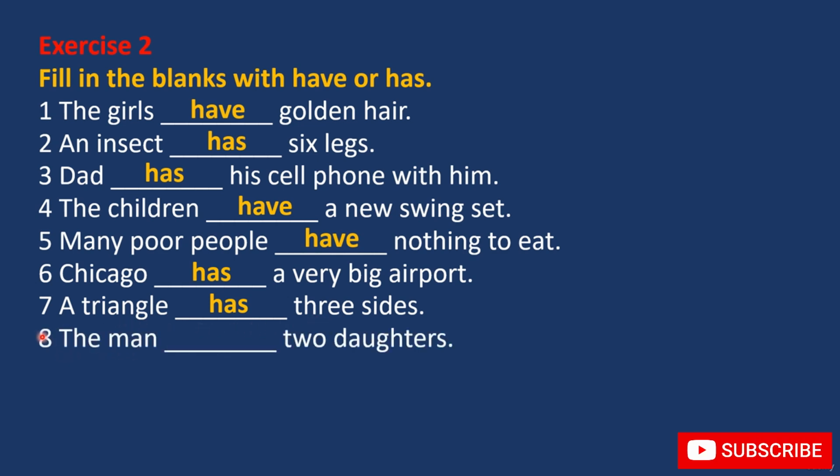Excellent. The man, 2 daughters. The man, excellent, has 2 daughters. James, a toothache. James has or James have, this is the name of a person, so James has a toothache.